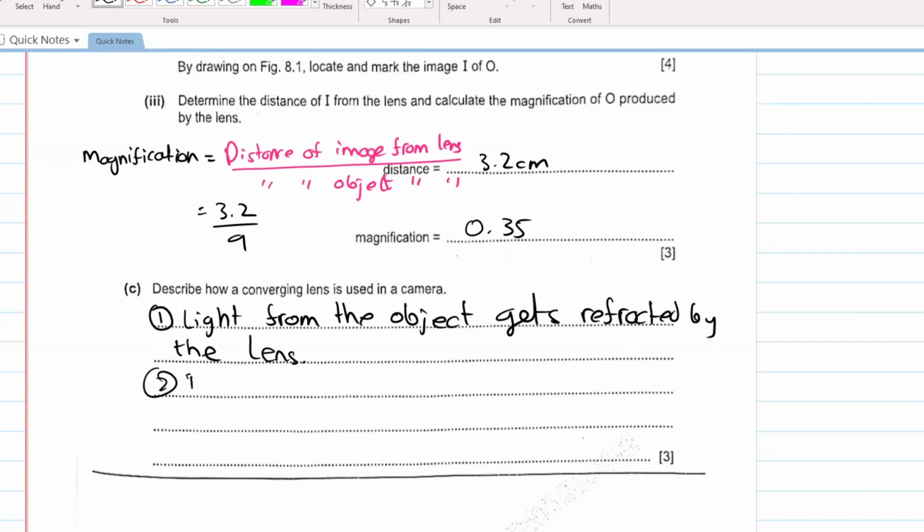The lens is adjusted by moving forward and backwards.